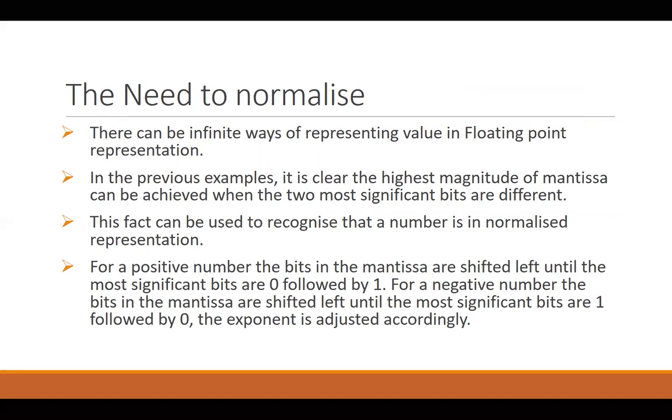Now we know why we need to normalize, because we cannot have multiple representations of the same value. It will just confuse our programs. It will just cause errors in our programs. How do we normalize? We place the binary point in the first pair of alternating bits. Alternating bits means 0, 1 for the positive and 1, 0 for the negative.